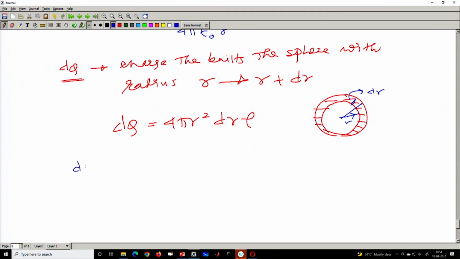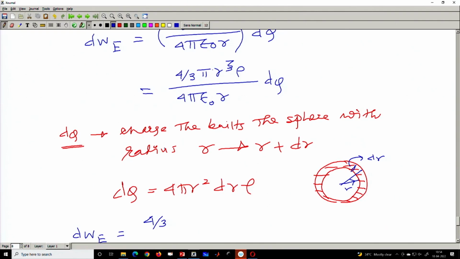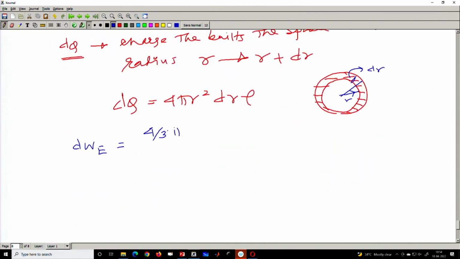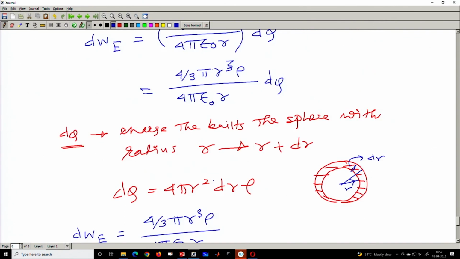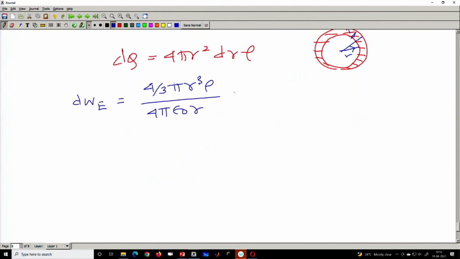So, dW E is simply 4 by 3 pi r cube, whatever we had already, then rho divided by 4 pi epsilon 0 r, and in place of dq I simply write 4 pi r square dr and then rho.